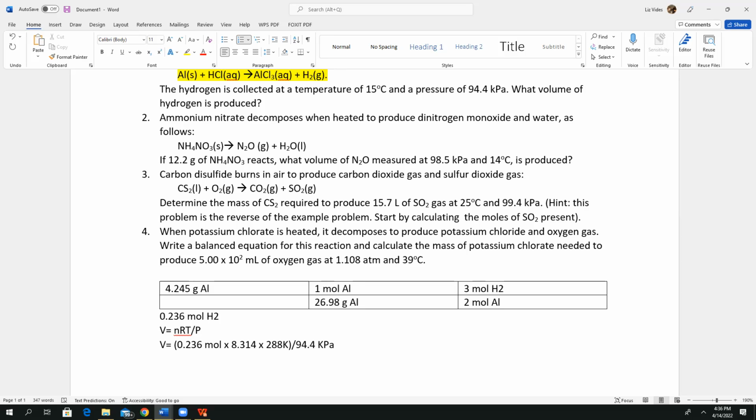We ended up with 0.152 times 8.314 times 287 divided by this number instead of that one, 98.5. Yay, I got 3.68, which is what it says. 3.68 liters.